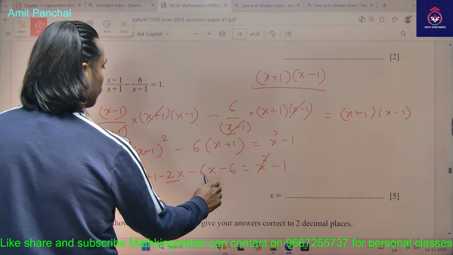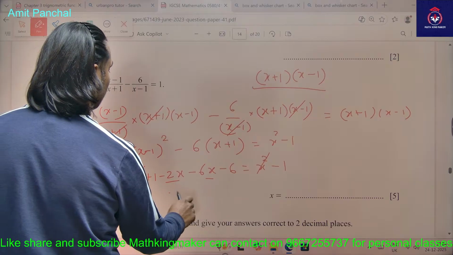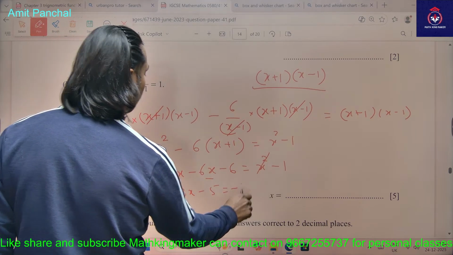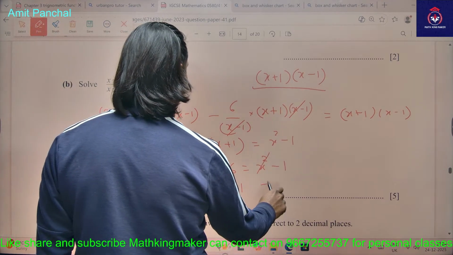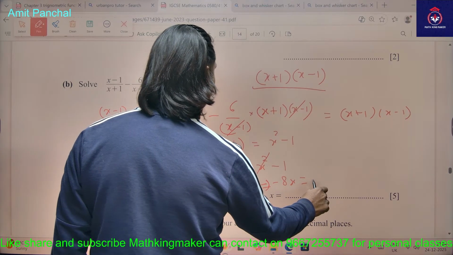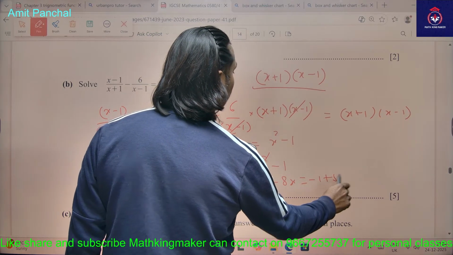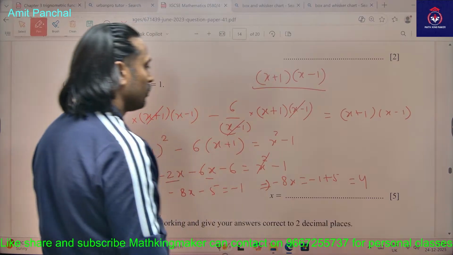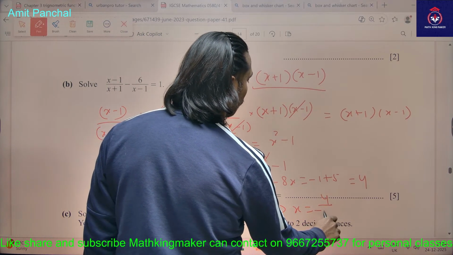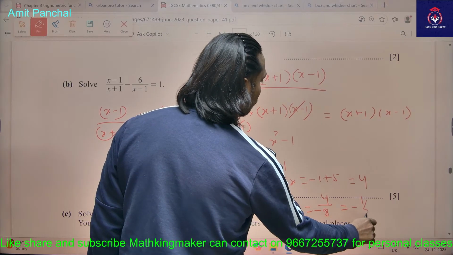So minus 2x minus 6x, that is minus 8x. 1 minus 6 minus 5... equal to negative 1. So take minus 8x equal to minus 1 plus 5, so that will be 4. So x will be minus 1 over 2.